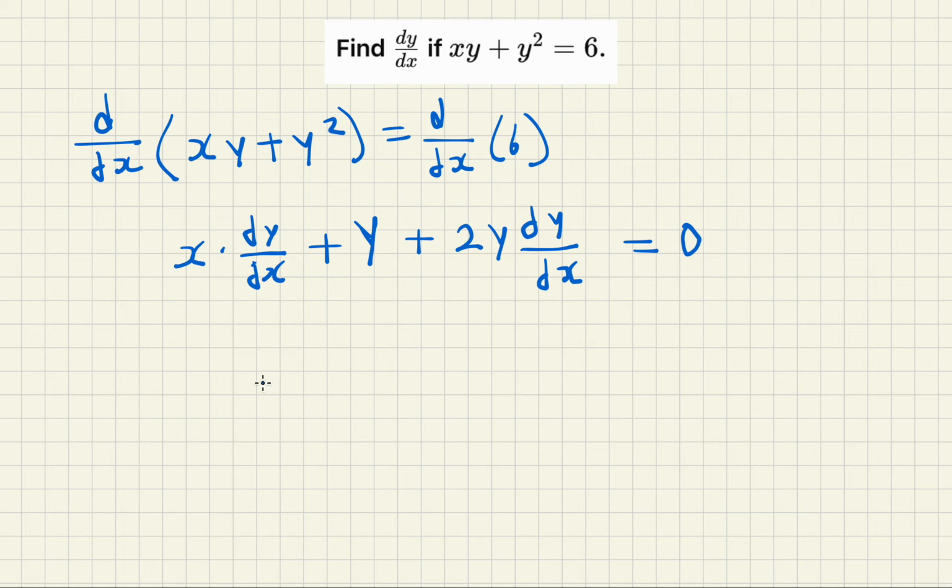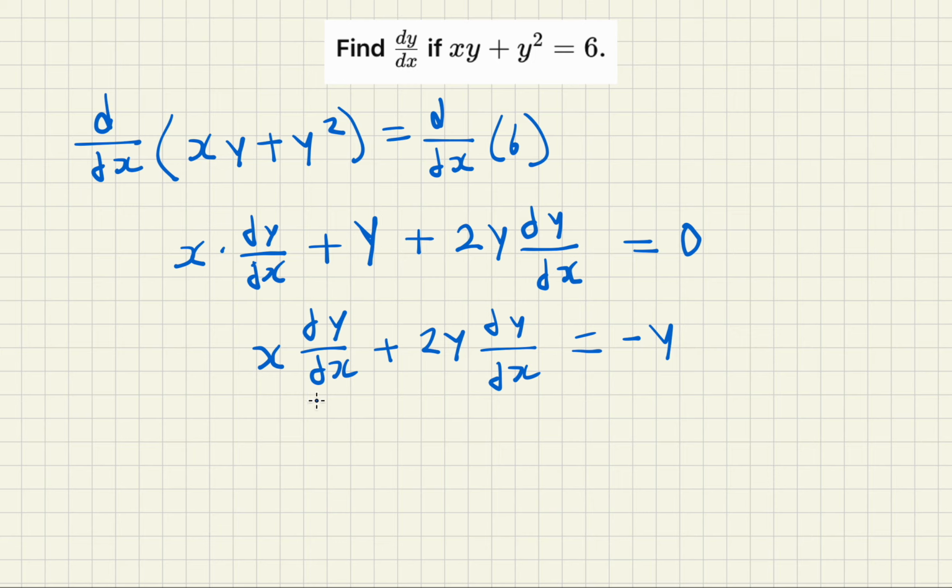Now, this is the easier part. We just need to separate the terms. So what I'm going to do is x dy over dx plus 2y dy over dx is equal to negative y.